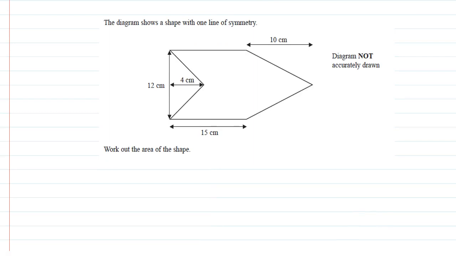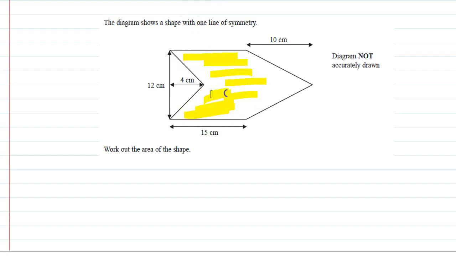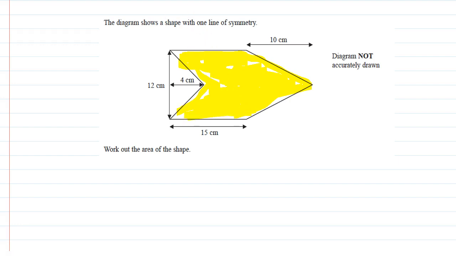So we need to calculate this area. Okay. We need to calculate this yellow area. Okay. So let's see what are the measurements given here. So if you see, this side is given 15. This side is given 15.